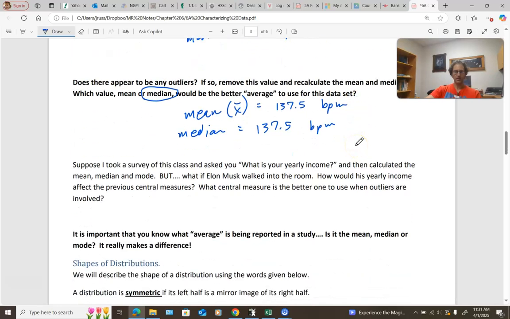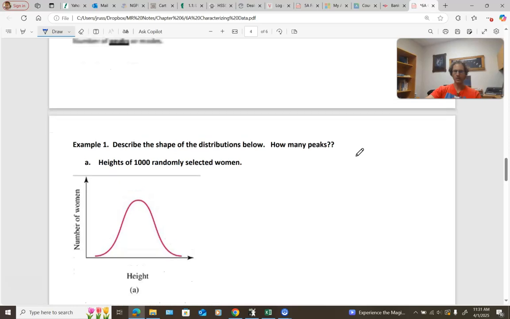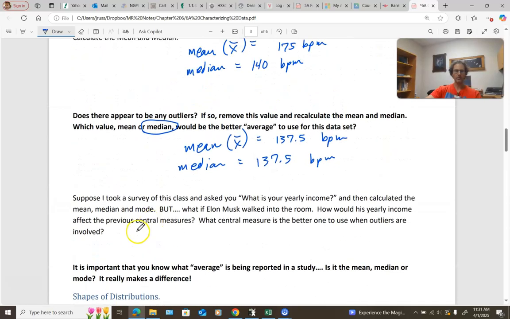All right. Let's see. I think what we'll do, we'll go over this last little part right here, and then I'll stop this first video. Okay, so let's think about this hypothetical. Suppose I took a survey of this class, and I asked you, what is your yearly income? And we calculated the mean, the median, and mode.